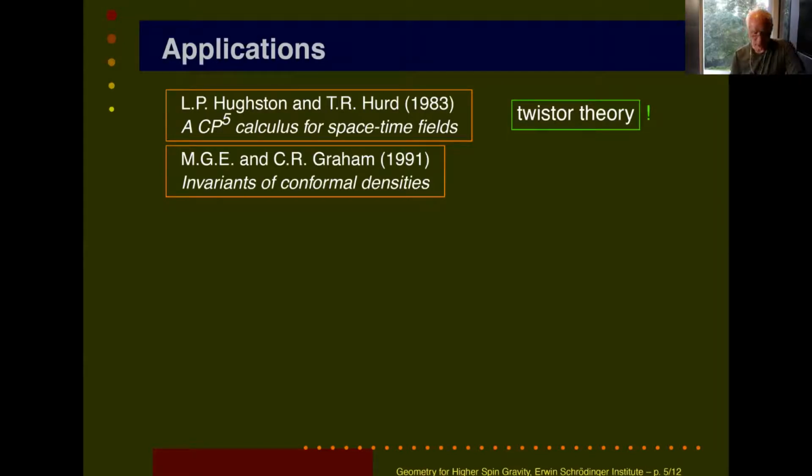So the previous slide, we were looking at the Laplacian acting on conformal densities of a particular weight. In this article, we're asking about nonlinear differential operators rather than linear differential operators. So, for example, things like the Schwarzian in projective differential geometry have a conformal version, and it's not so obvious how you even write down invariants of conformal densities at all, never mind show that this is all you've got.